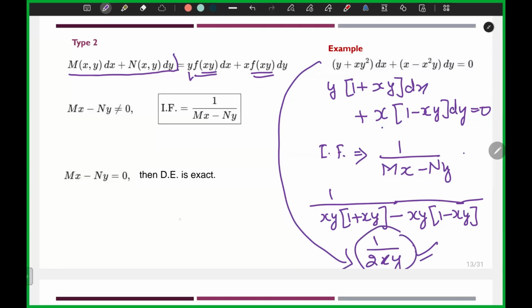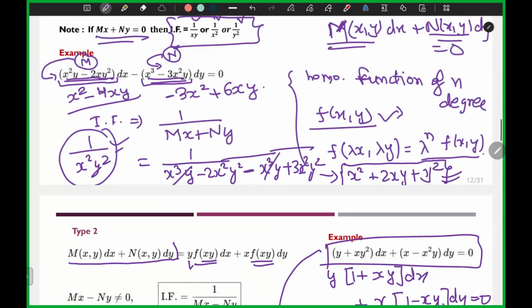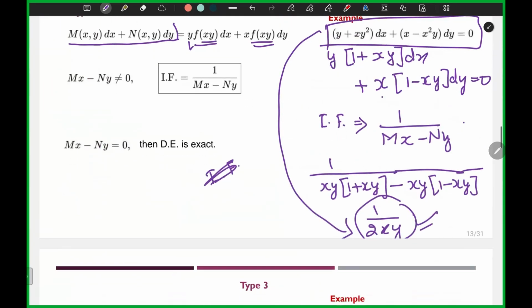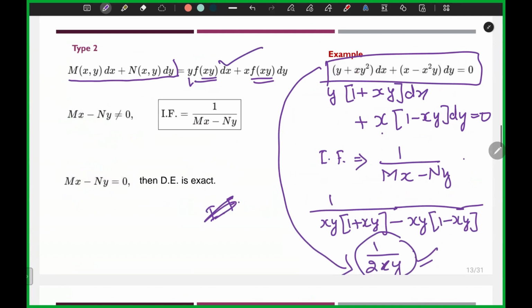So from here we can directly find our integrating factor. You may directly receive this type of question: find the integrating factor for this differential equation. So you have to classify the types. One type is the homogeneous part, and the second is this form of y into some function of xy and x into some function of xy.